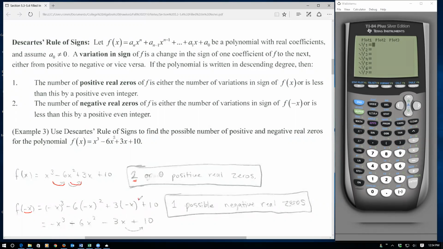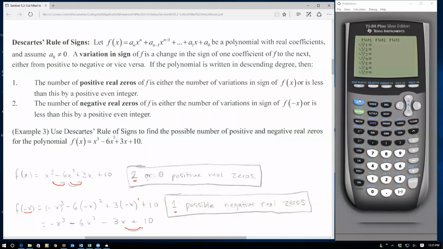This is an odd power, so we get that negative sign here. So if I look at f of negative x, I get negative x cubed minus 6x squared minus 3x plus 10. So there's only one variation of sign. What that means is there's only one possible negative real zero for this function.